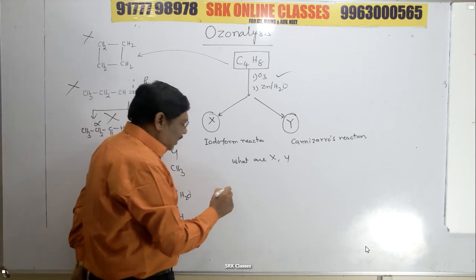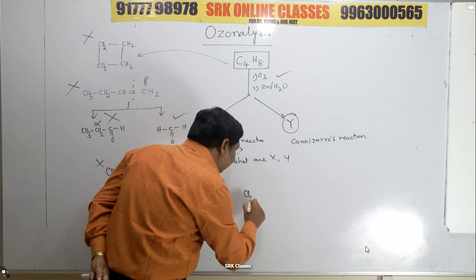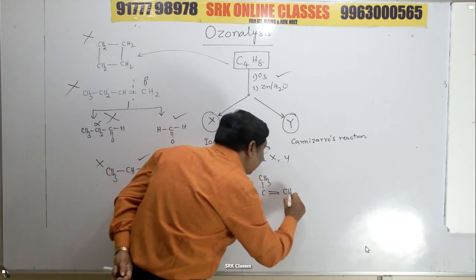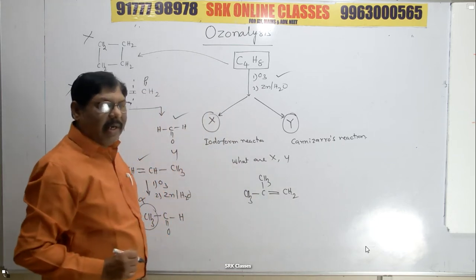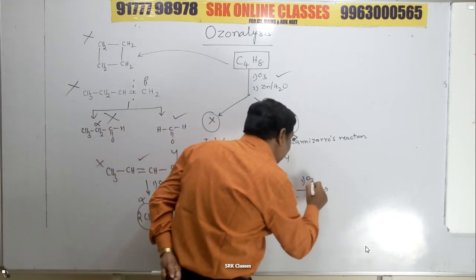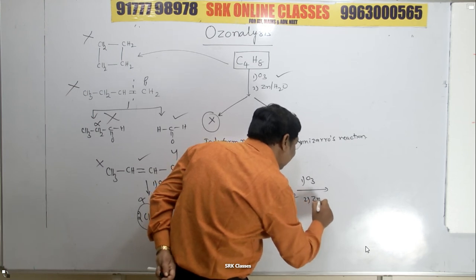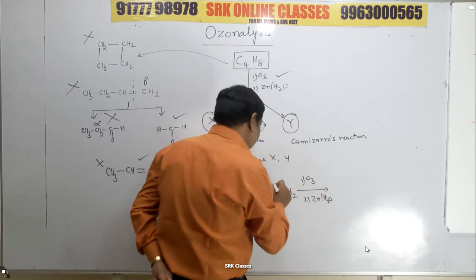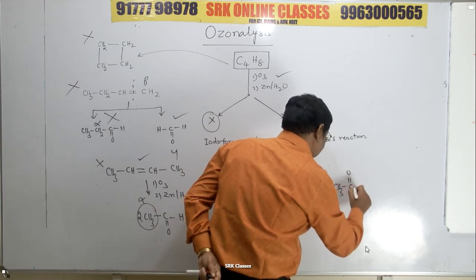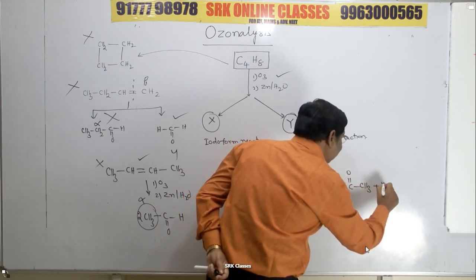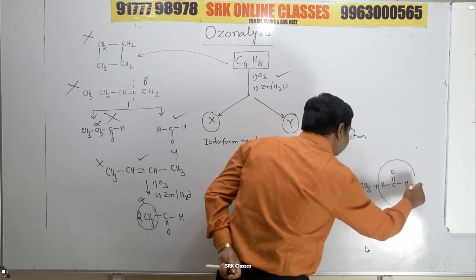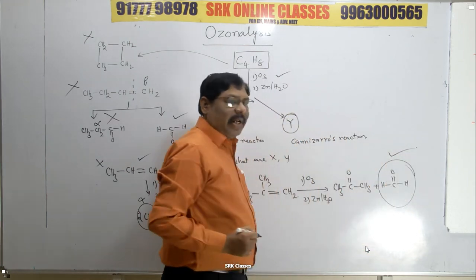Then I write another structure here: CH3, C, CH3 double bond CH2. Look here. Now this on ozonolysis with O3 and zinc and H2O produces, look carefully, CH3, C double bond O, CH3 plus H, C double bond O. This undergoes the Cannizzaro reaction.